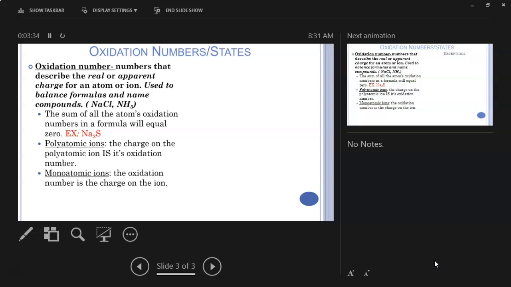It's -2. So we use these oxidation numbers to help make sure our formula is correct. When we add all of the oxidation numbers up for all of the atoms in a formula, it's going to sum up to 0, because all compounds and all molecules are neutral. They don't have a charge, so those charges are going to equal 0.